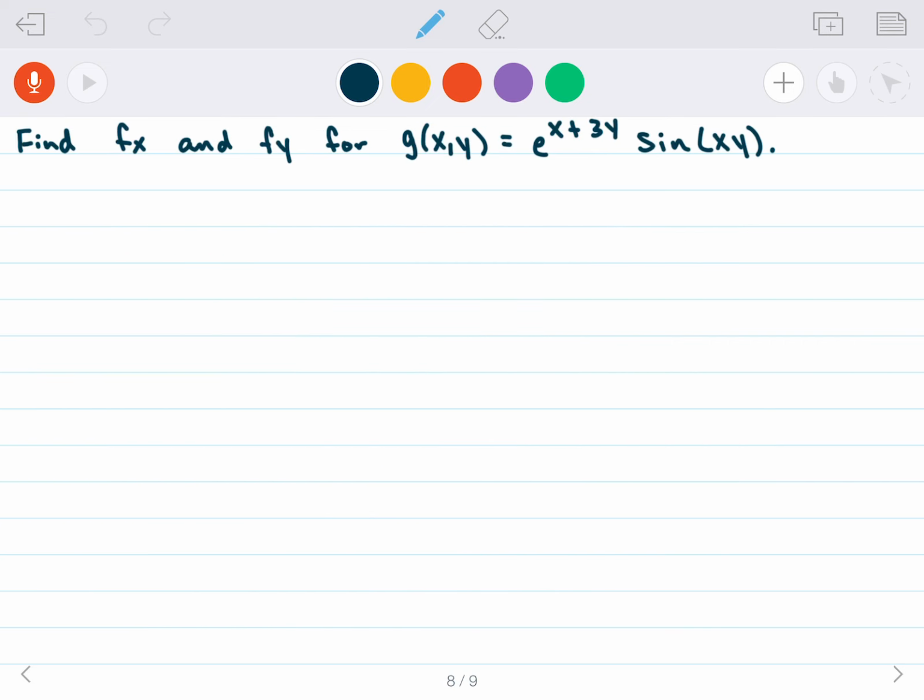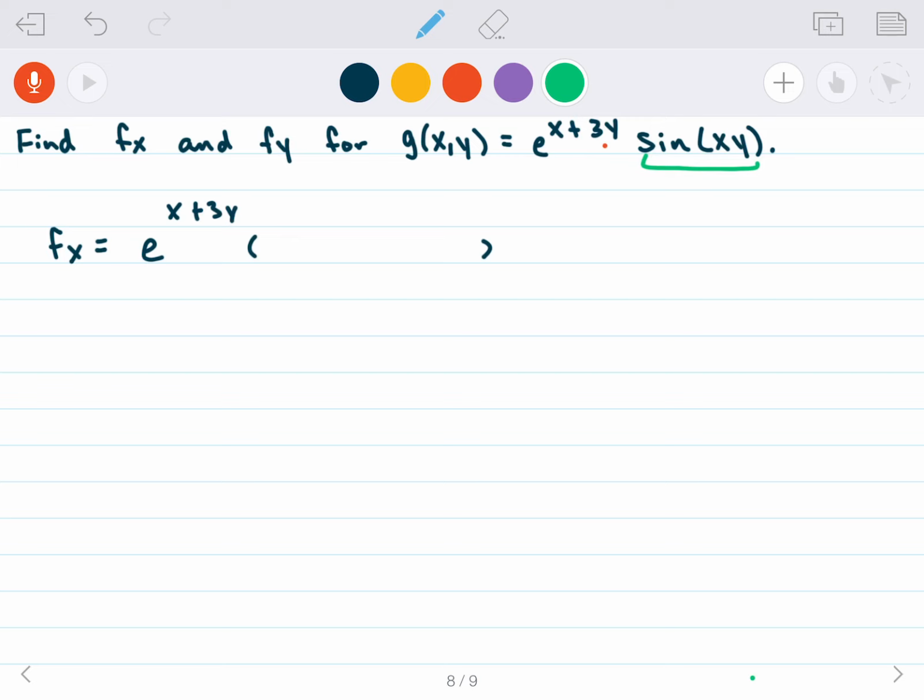All right, let's try this bad boy. This one looks kind of interesting. This one might be fun. So we have a product, and I see some chain rule also going on. So let's find the partial with respect to x first. So we keep the first, e to the x plus 3y, times the derivative of the second. Well, the derivative of sine of xy: the derivative of sine is cosine.